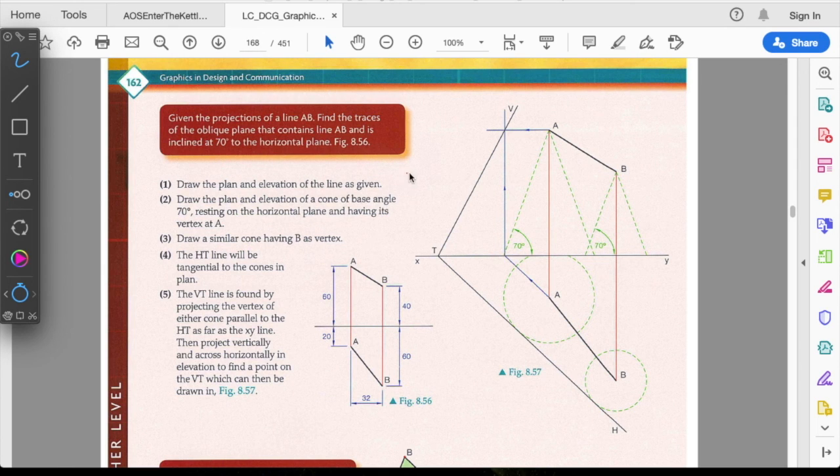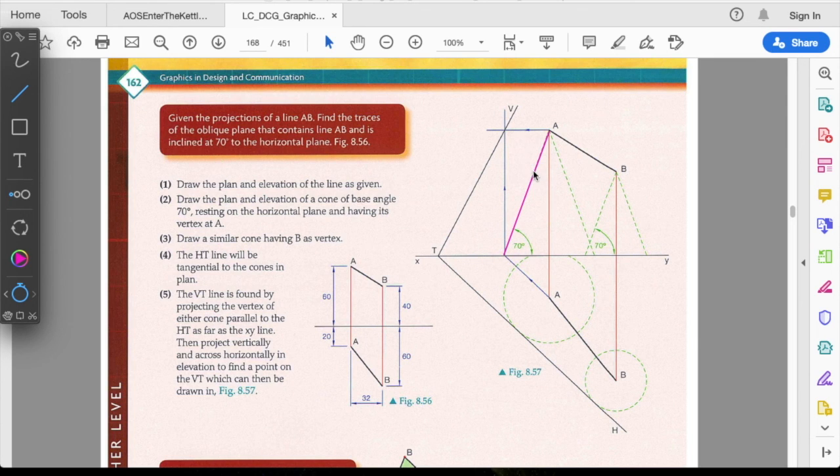Now, the way to think about this is that if you were to imagine having a plane sitting on the ground, and resting up against your cone, if I use this as an example, if you had your plane sitting up against the side of this cone, and let's just say that we're looking directly in at it at the edge view, the angle to the horizontal plane would be 70 degrees.